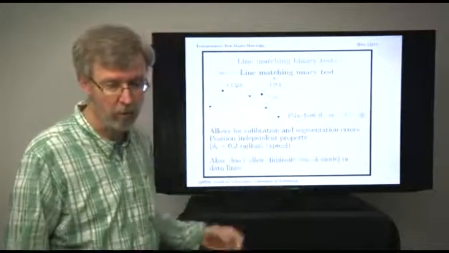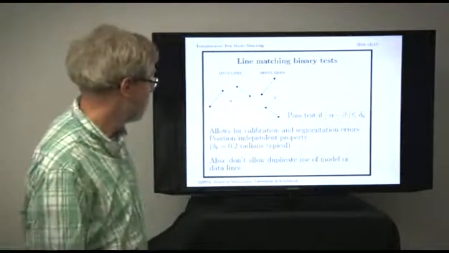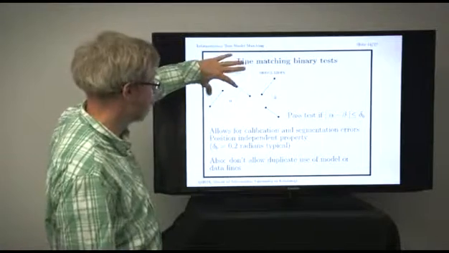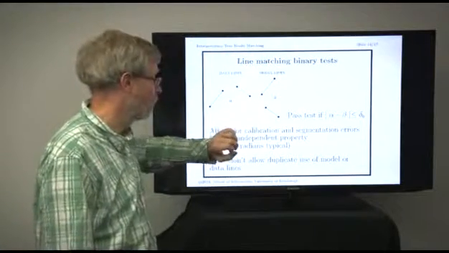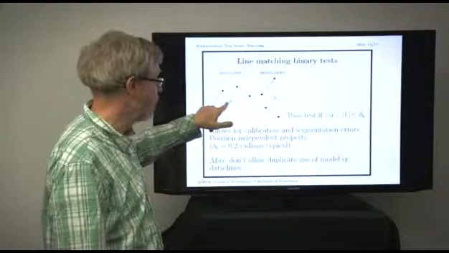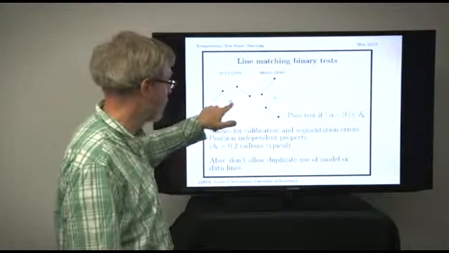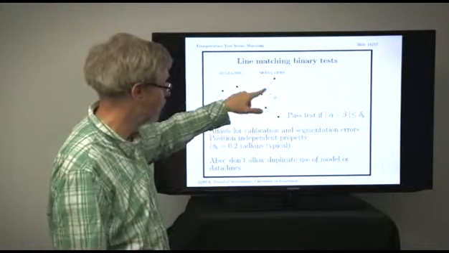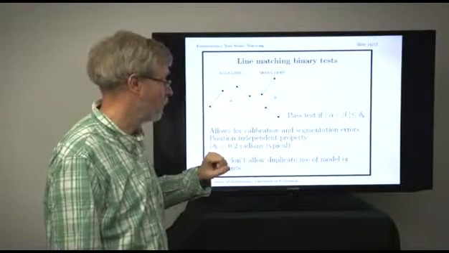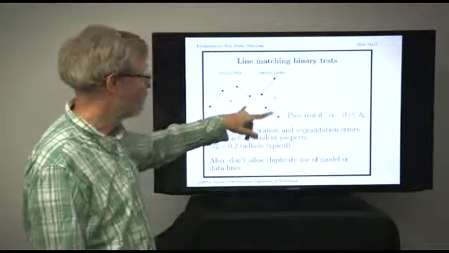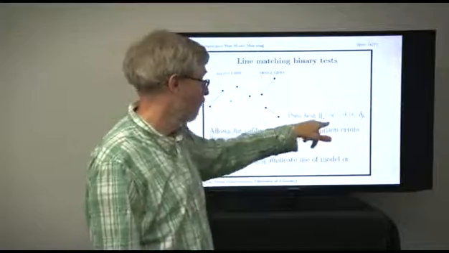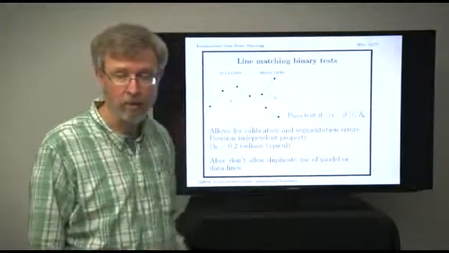It's not very strong. The stronger one is the binary test. The binary test looks at pairs of data lines and pairs of model lines, and looks at the angle between those lines. So here we see the angle alpha between the data lines and the angle beta between the model lines. And if these two angles are the same within some tolerance, then again this passes the test.